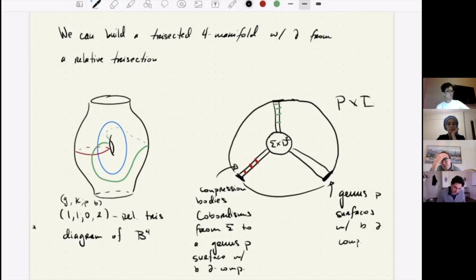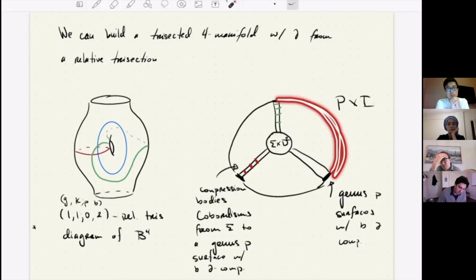In the previous case, I didn't explicitly say this, but in the closed setting, in the schematic, this part of the region didn't correspond to the boundary of your piece. But in the relative setting where you have boundary, this is actually just a surface cross I right here. And what's happening is we get a surface bundle over S1 on the boundary of our four-manifold. I'll talk about how that plays into everything.